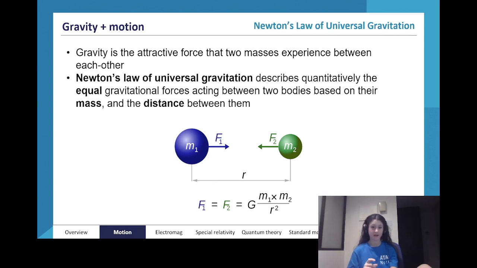However, the effect is going to be different because of the law of inertia. This mass is going to feel more of an effect because it's smaller, so it requires less energy to move. And this mass is going to move not as much because it is larger, so it requires more energy to move.